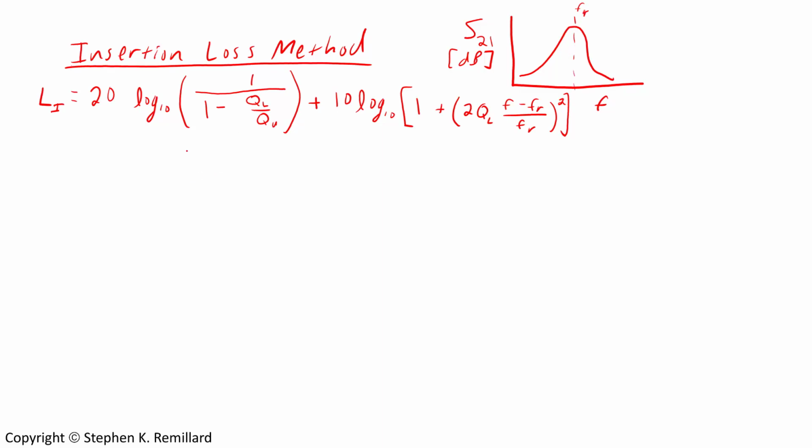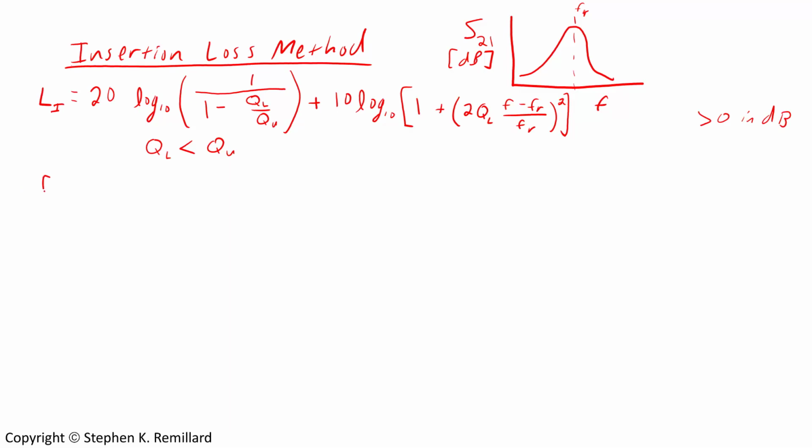I quickly comment that loaded Q is always smaller than unloaded Q. So the contents of this logarithm is always a positive number, but it's also always the logarithm of a number greater than 1. L sub I is a positive number. We have to keep this in mind, that when we talk about L sub I, we're talking about a positive number in decibels.